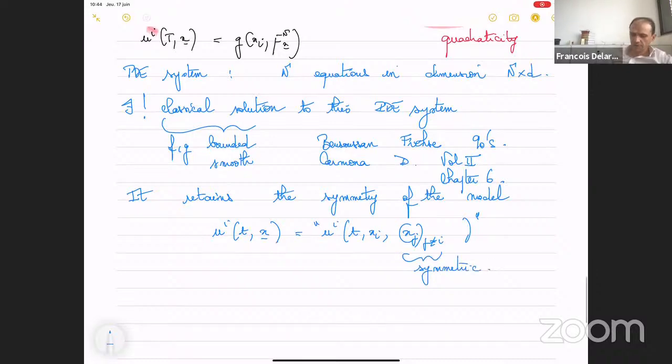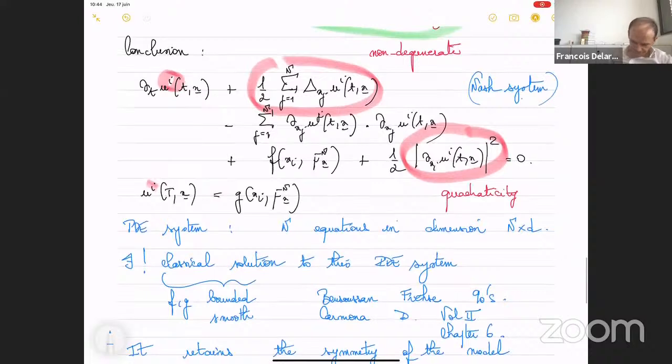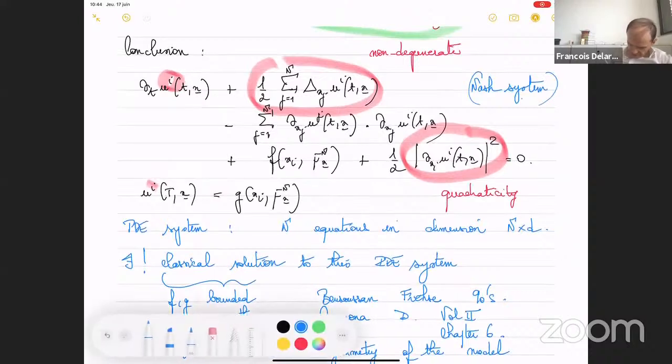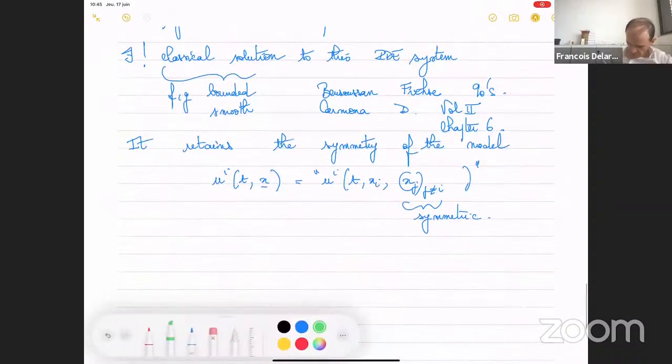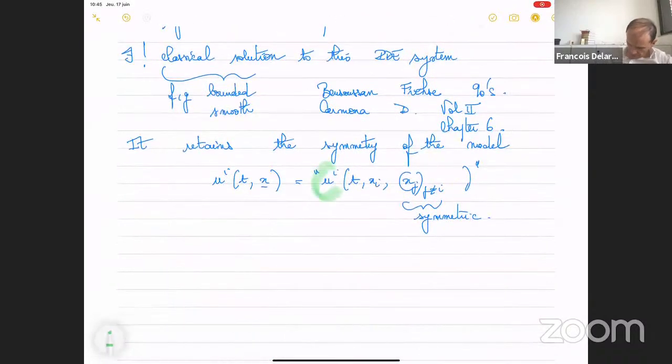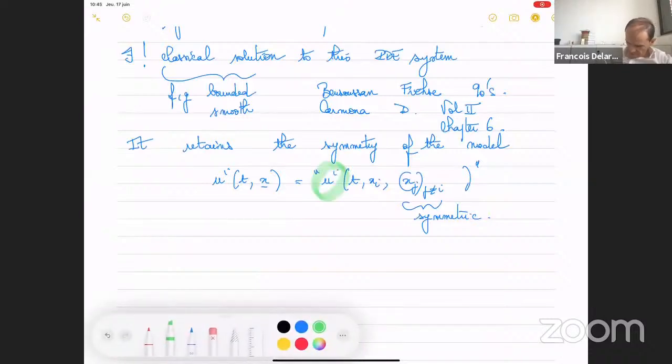And even more, since F and G here are the same, whatever the particle i, this function u does not depend on i.